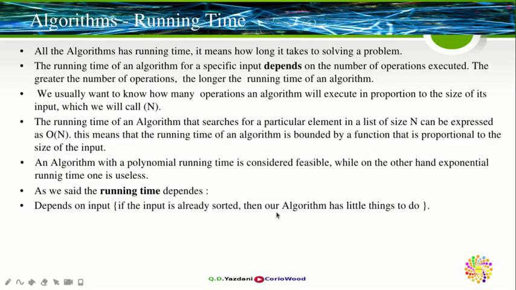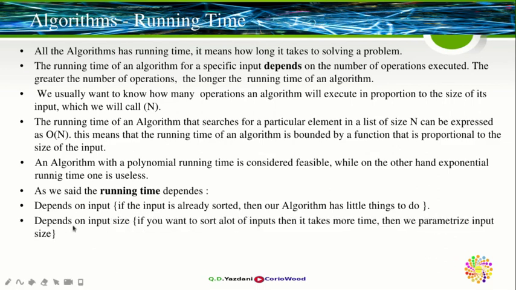Our algorithm already has half of the job done, so it is going to do the other half. Again, it depends on the input: if the input, of size n, is already sorted, then our algorithm has little to do.